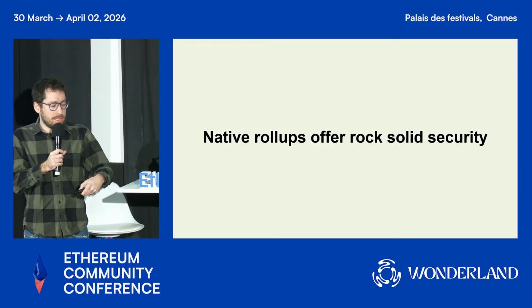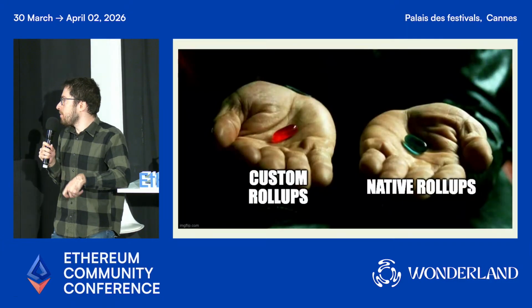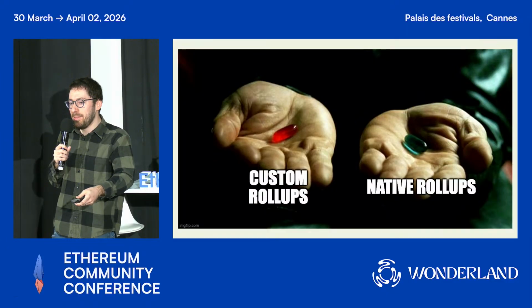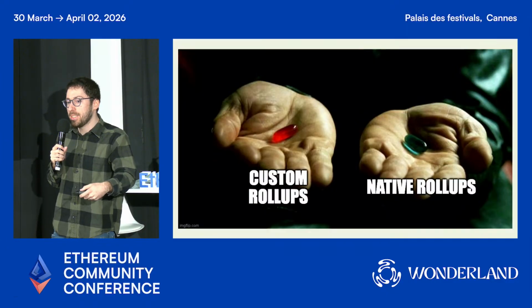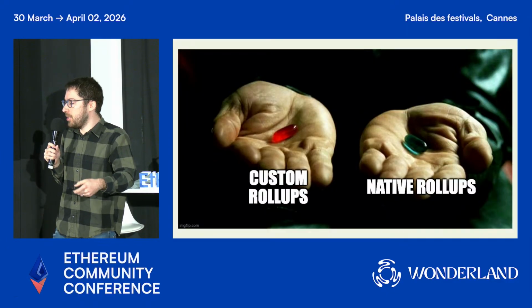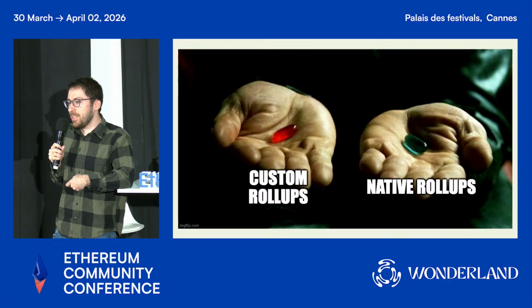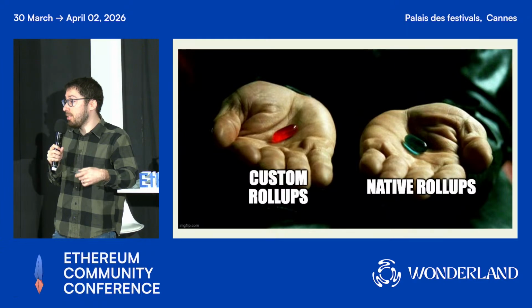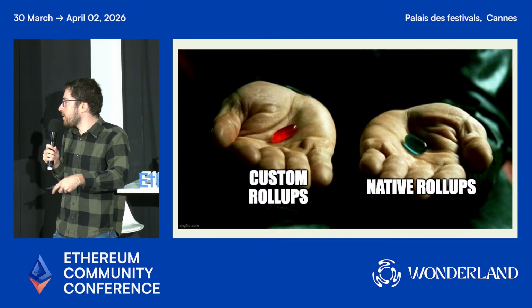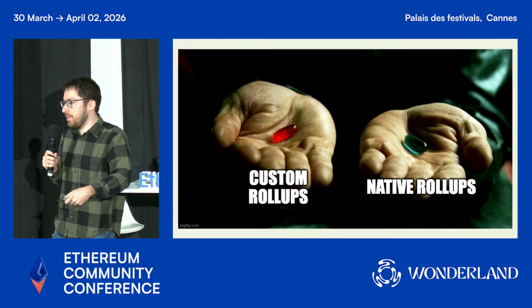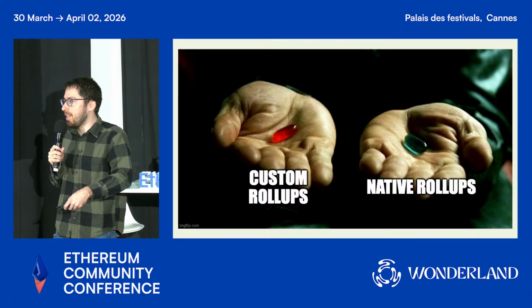And that is essentially what these choices are looking like. You can choose, do you want custom rollups in the future? That's one direction where the space is going. Or do you want native rollups in the future where you go for security rather than customizability? That's where I think the trend is going. That's what you see over the next few years. And something I'm happy to chat about if anyone would like to talk about it.